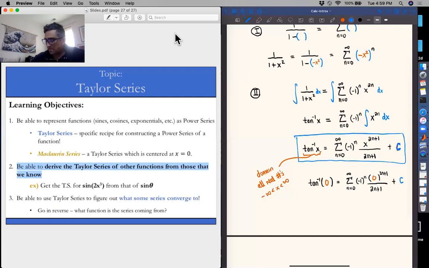Because we're raising 0 to some power 2n plus 1 in every single term of that series, and that power is never 0, so we never have 0 raised to the 0th power, that whole series is equal to 0. But the arctangent of 0 is 0 itself, which means that c in this case must be equal to 0.